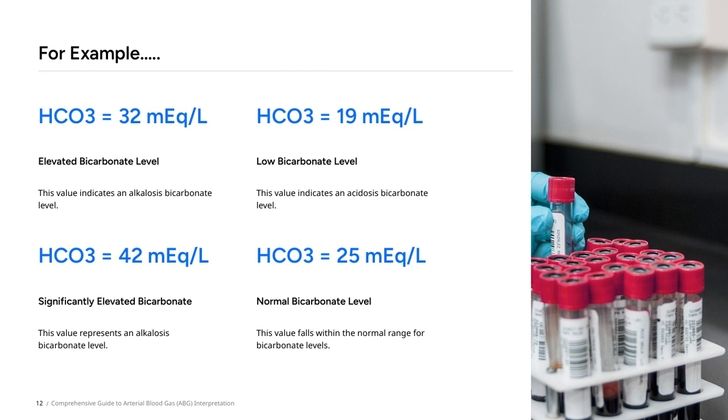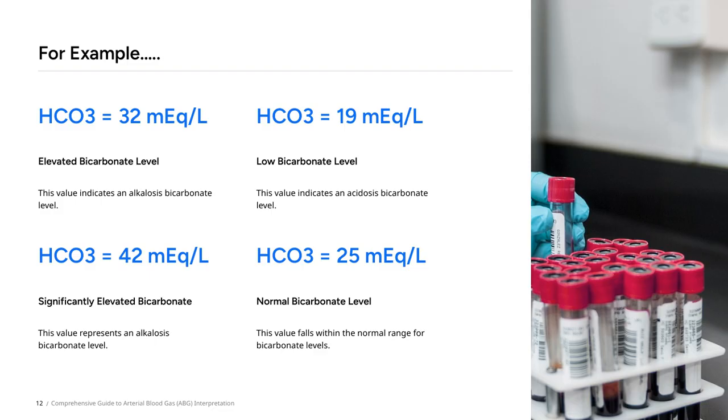On the other hand, a low bicarbonate level, like 19 mEq/L, indicates acidosis. In this case, the blood is more acidic, and it might be due to metabolic acidosis or compensation for respiratory acidosis. Recognizing these low levels helps us determine the underlying issue quickly.